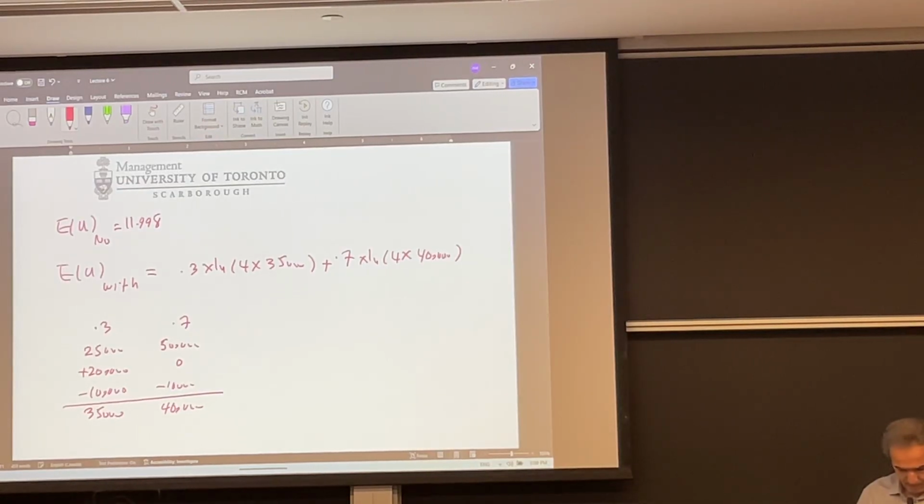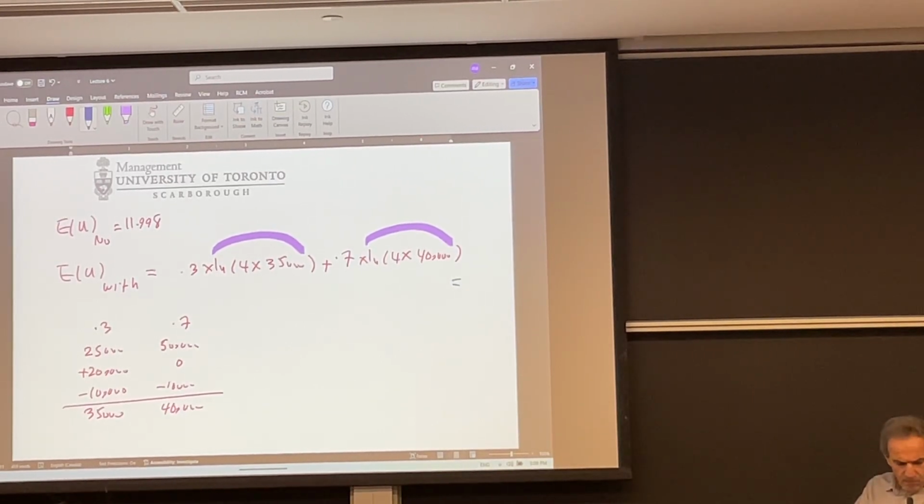I need the whole thing, but give me these two numbers individually as well. I need these two as well, but I need the whole thing to make a decision. What's the satisfaction of 35,000? What is LN 4 multiplied by 35,000? 11 point?